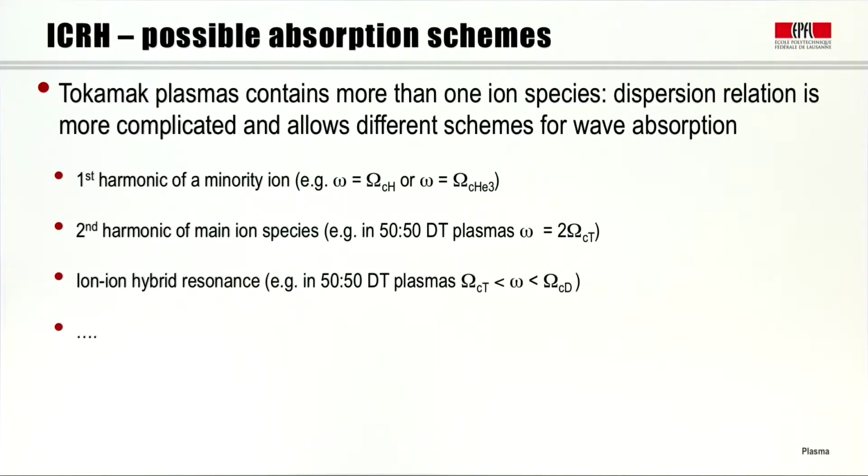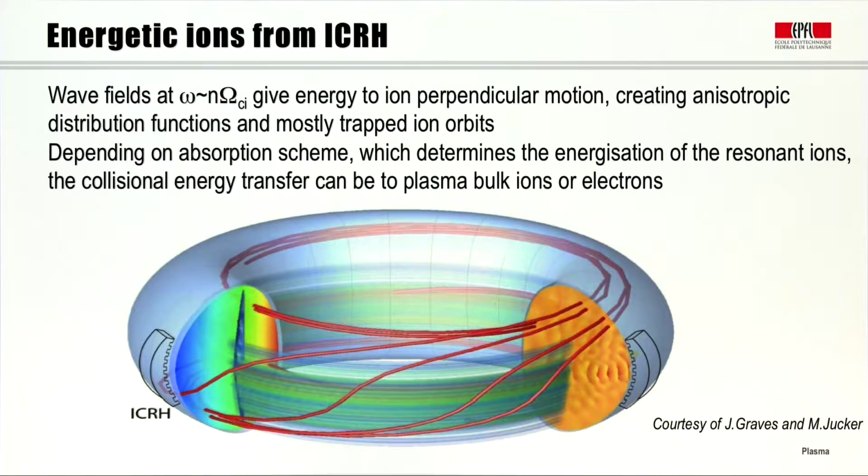and other schemes. Now, in all the schemes, the wave fields at the resonant frequency give energy to the perpendicular motion of the resonant ions, therefore creating anisotropic distribution functions and mostly trapped ion orbits. Depending on which scheme we choose for the absorption, which determines the way the energization of the resonant ions takes place, the collisional energy transfer can be to either the plasma bulk ions or the plasma electrons.